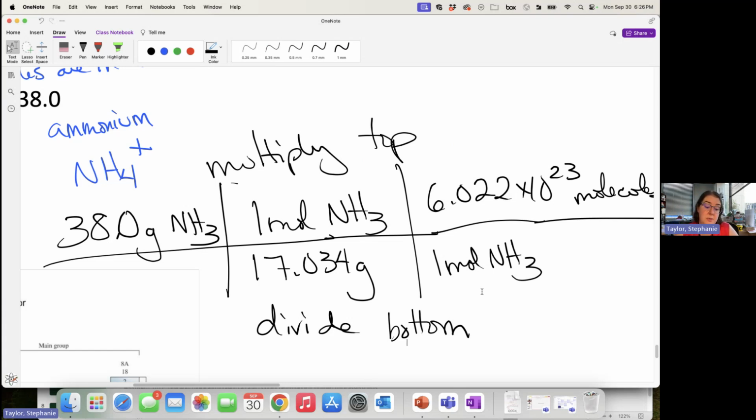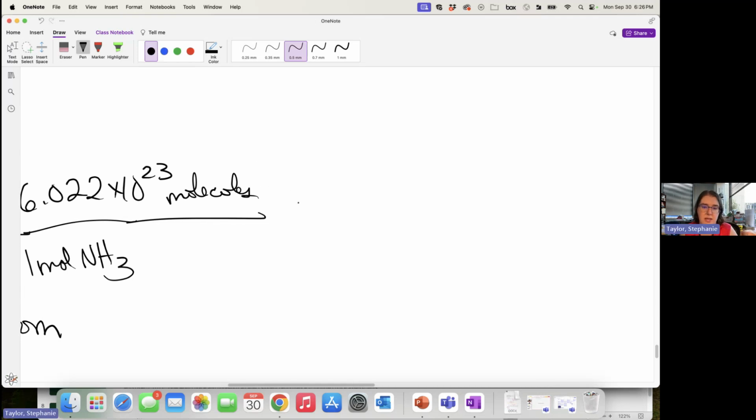Then when you go to molecules, this should get a lot bigger. If we're asking about number of molecules, there should be some positive exponents on that somewhere. So I get a grand total of 1.34 times 10 to the 24th molecules.